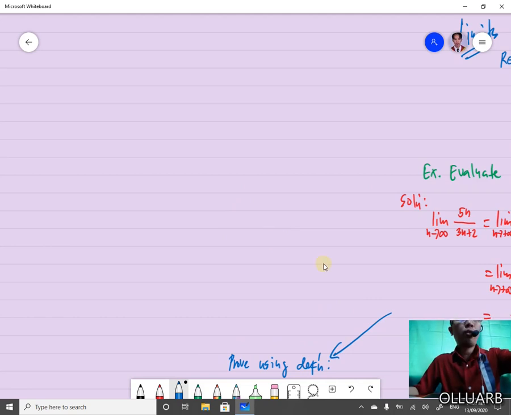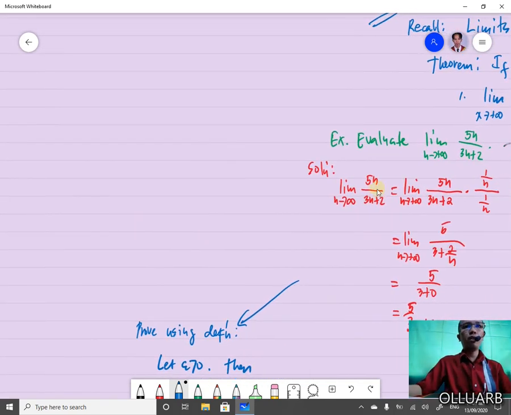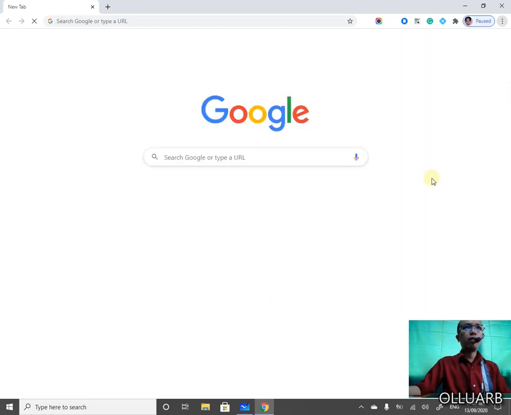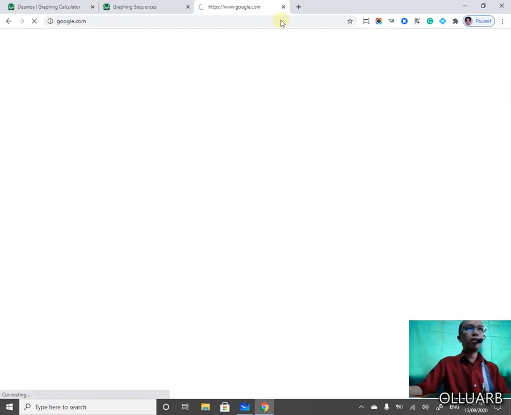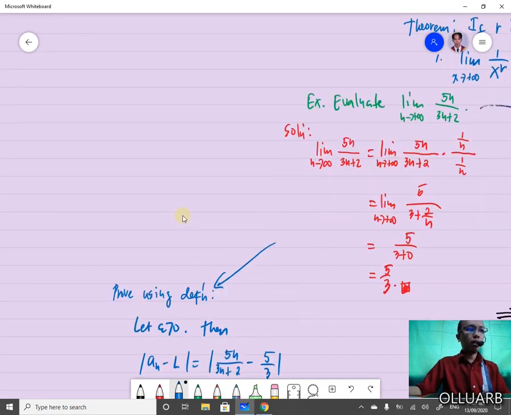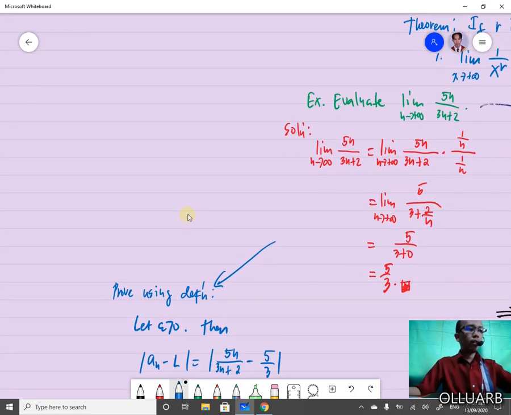If you look at the graph of the sequence 5n over 3n plus 2, for example, in the Desmos graphing calculator, you will see why the limit of this function is 5 over 3 by using the definition.